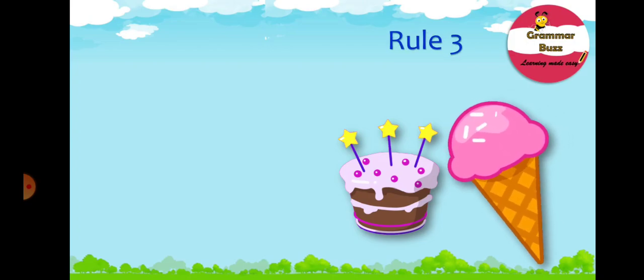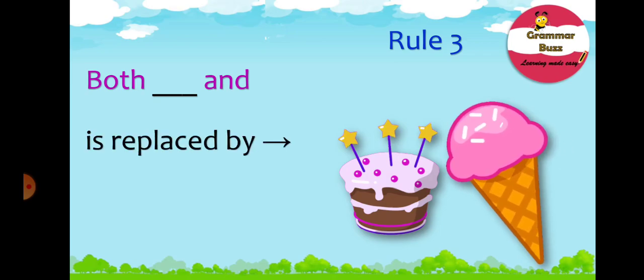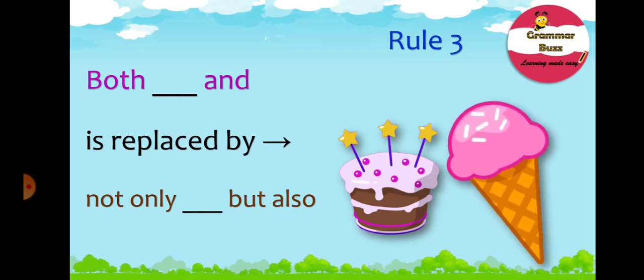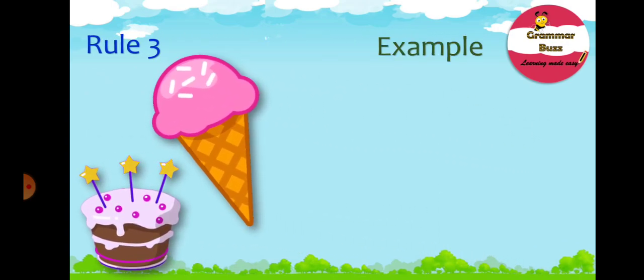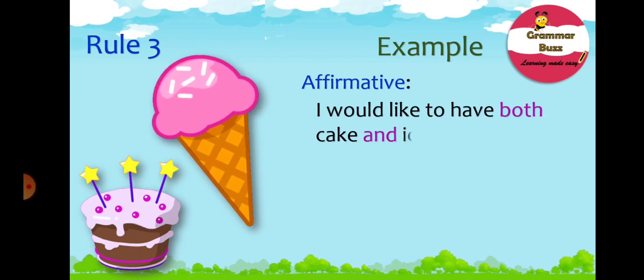The following rule states both and in affirmative sentence is replaced by not only but also in negative sentence. Let us follow this with the help of an example. I would like to have both cake and ice cream.